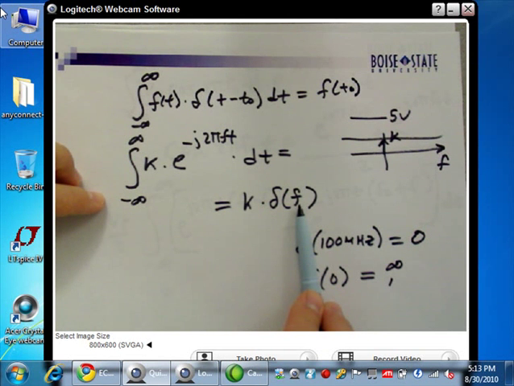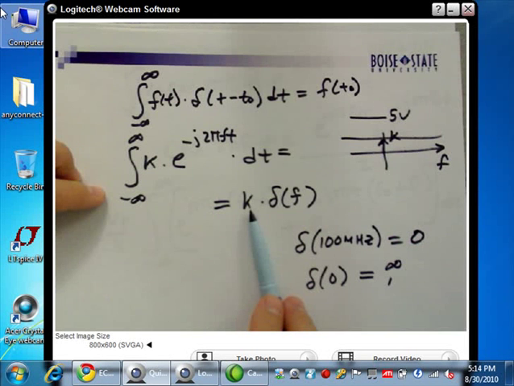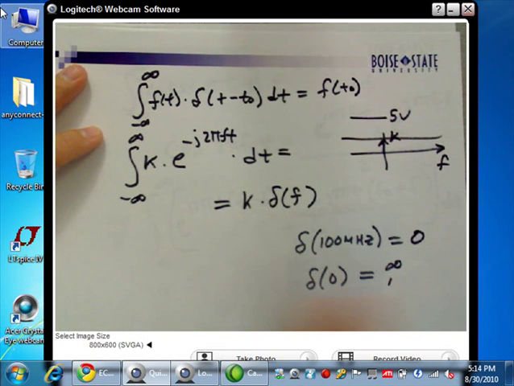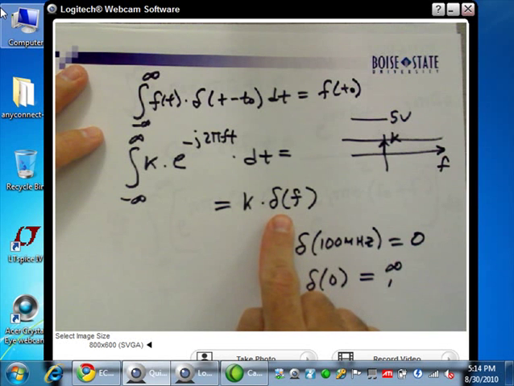It's just a weighted transform. Yeah, because the Dirac delta is infinite at t equals 0.